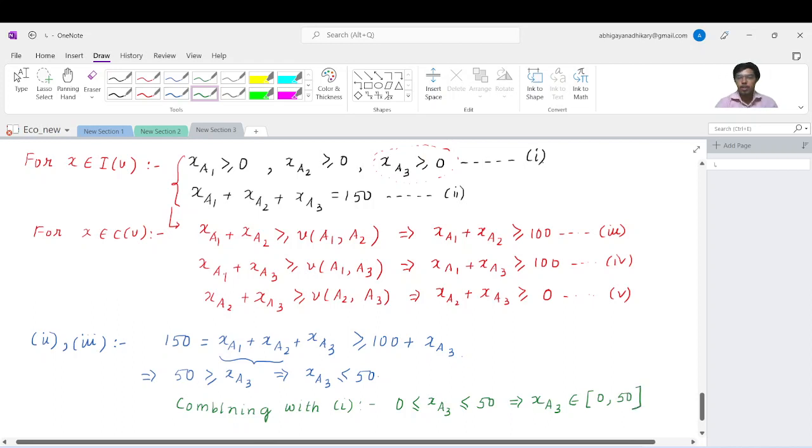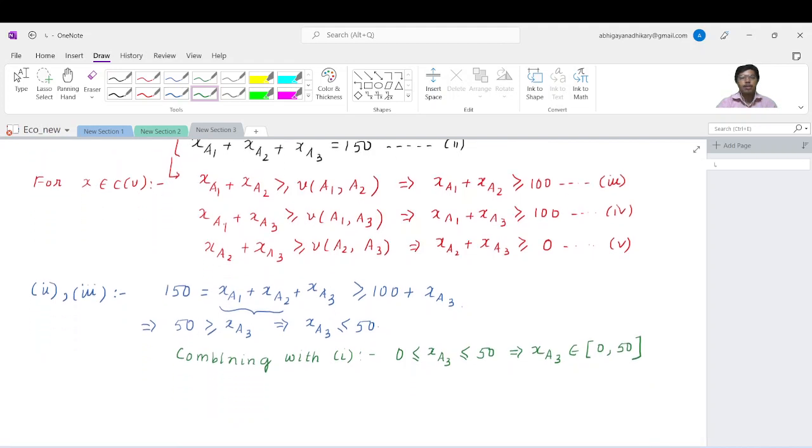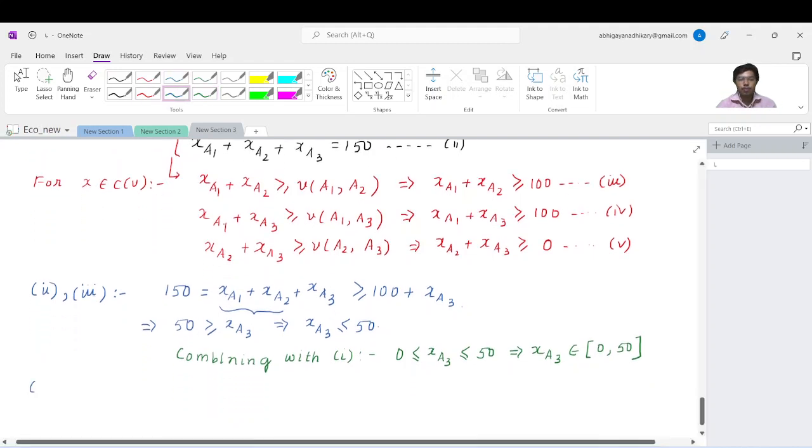In the exact same way we are going to do the rest. Now we take the condition for the grand coalition, which is equation number 2, and the fourth equation, which is for the coalition a1, a3. Again in the same manner I write x of a1 plus x of a2 plus x of a3.